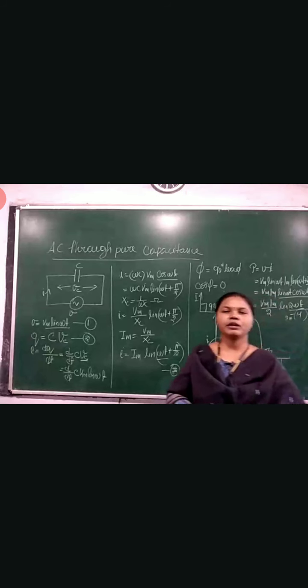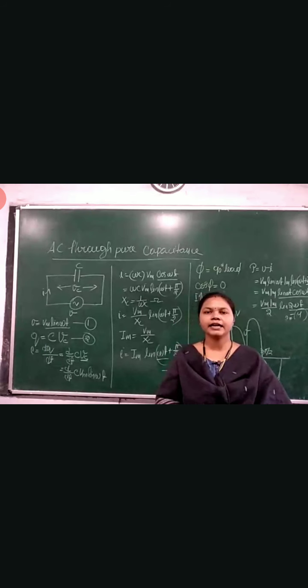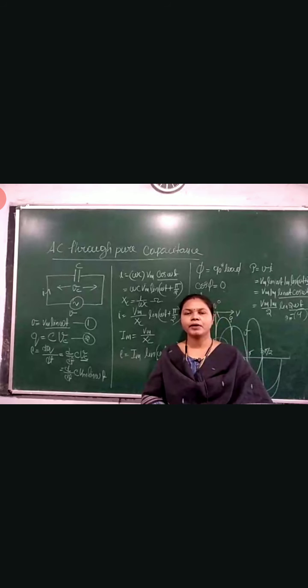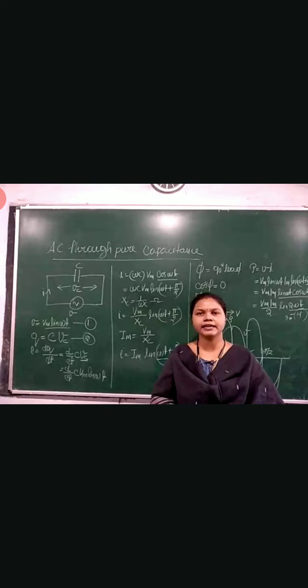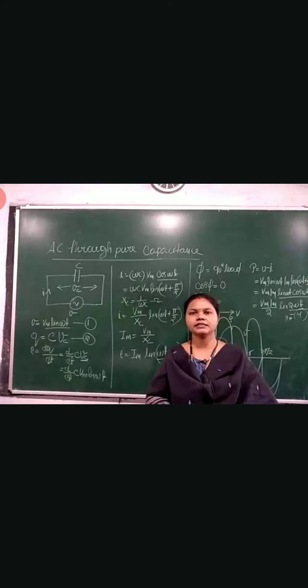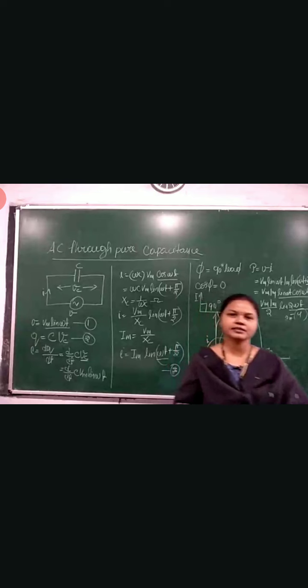And from 3 pi by 2 to 2 pi radian, current is positive but voltage is negative, so power is negative. So students, after completion of this topic, you have learned that in a purely capacitive circuit, when AC supply is given, current and voltage differ from each other by 90 degree. It means current leads the voltage by 90 degree.